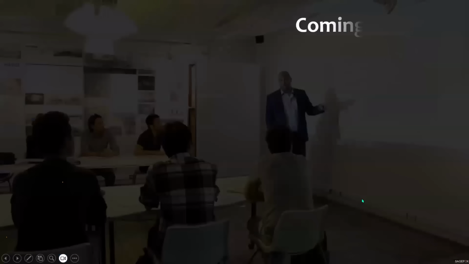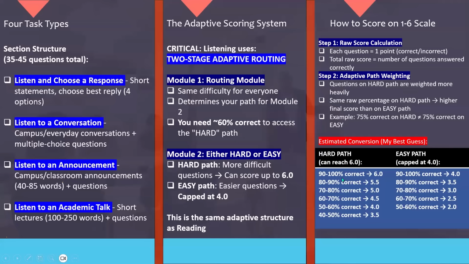I know some people say module 2 is a little bit easier for them, but let's look at the hard path side of it because that's really what we were on. And those percentages on the right side will give you more of an idea of where you are right now in terms of your scoring. Remember, you have to calculate your percentage out of 44 questions, and then that gives you an idea of where you are.